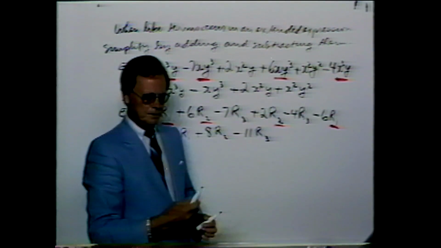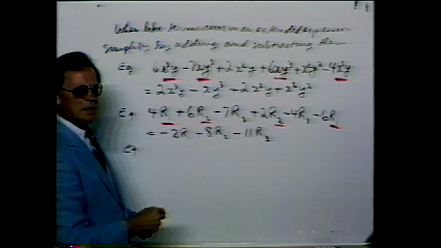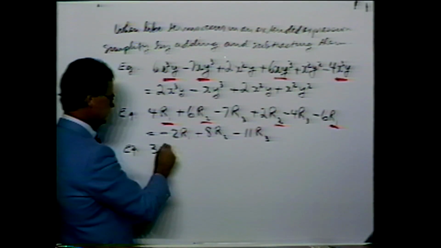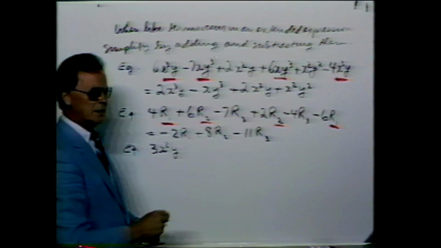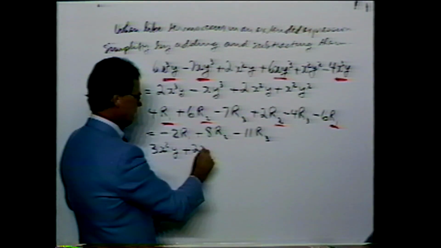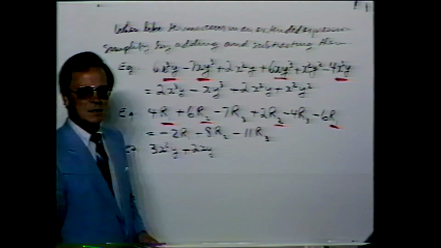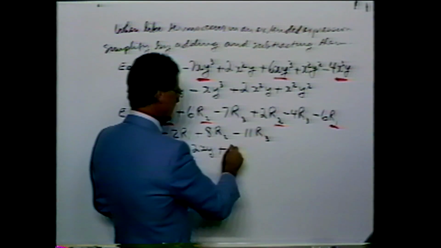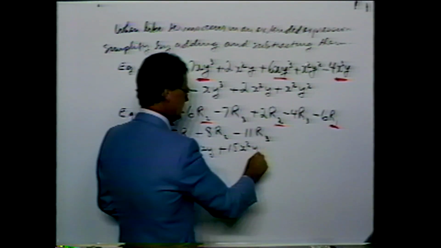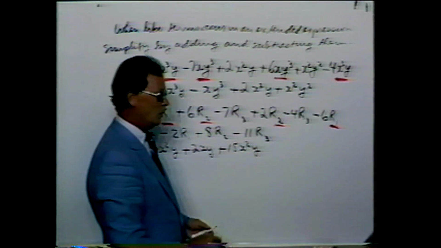Another example, 3x squared y plus 2xy plus 15x squared y minus 6xy.